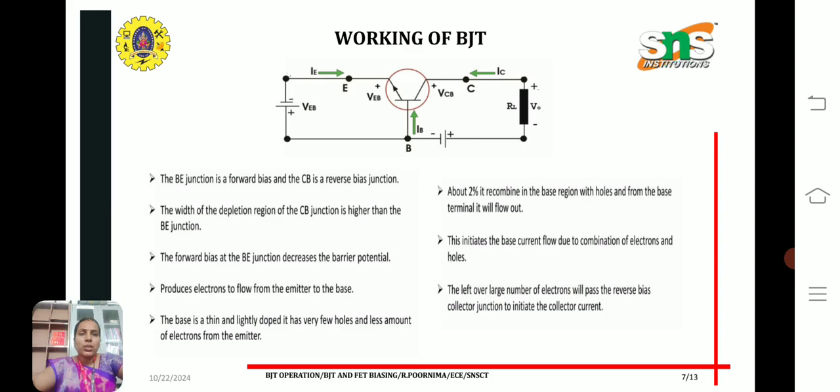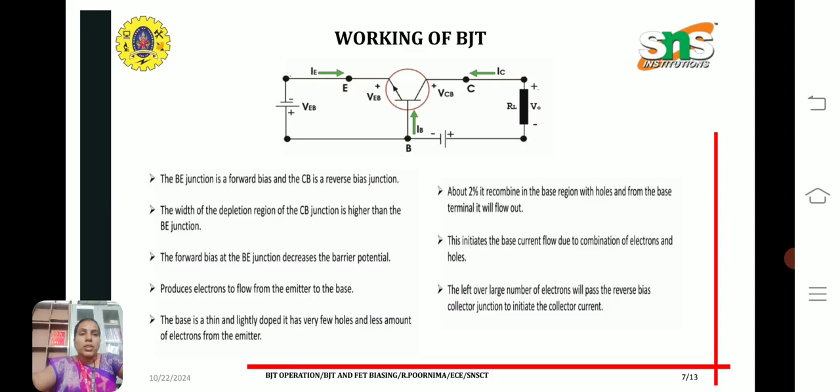The width of the depletion region of the collector base junction is greater than that of the base emitter junction. The forward bias at the base emitter junction decreases the forward barrier potential. This causes electrons to flow from the emitter to the base, since the base is thin and lightly doped compared to the emitter and collector. So it has very few holes for the electrons coming from the emitter.